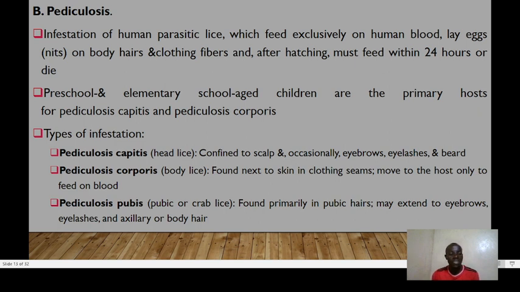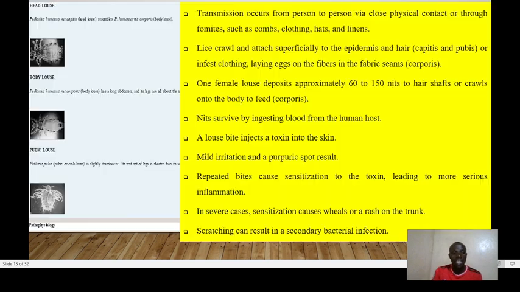Pediculosis pubis, this is the pubic or the crab lice, is found primarily in the pubic hairs, may extend to the eyebrows, lashes, and axillary or the body hair. So we could have the head lice, the body lice, and the pubic lice.